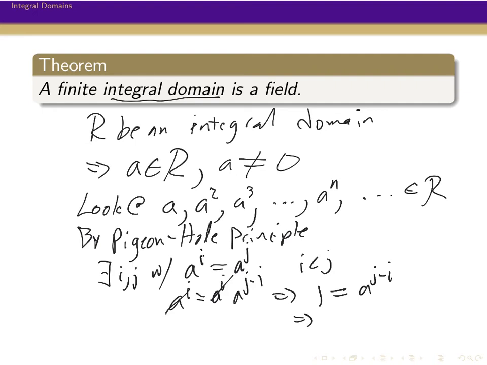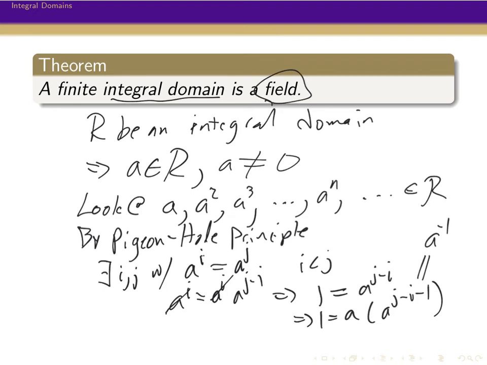And so in particular now we can factor one a out, and we have a times a to the j minus i minus 1 is equal to 1, so that is equal to a inverse. Okay, and so this means that we've shown that for any non-zero element in the integral domain, we have found that it is a unit, it has a multiplicative inverse, and so since this is true for everything that's non-zero, that's what it means to be a field.